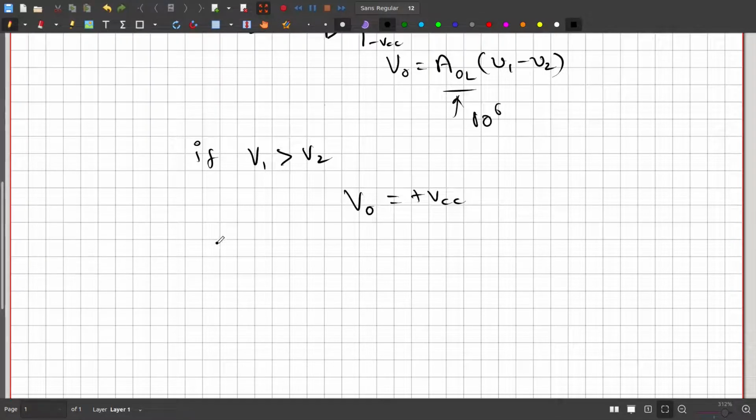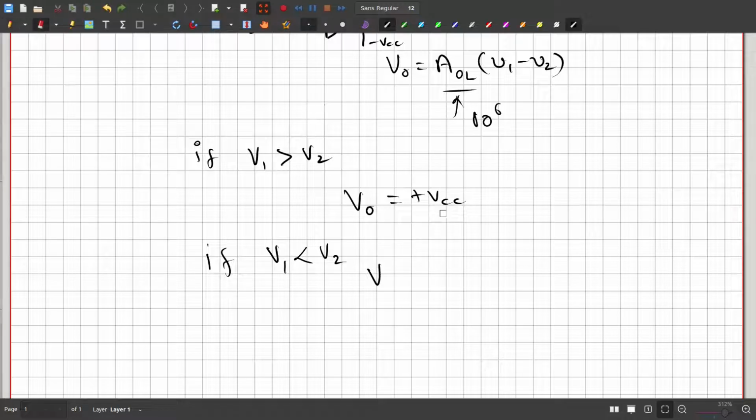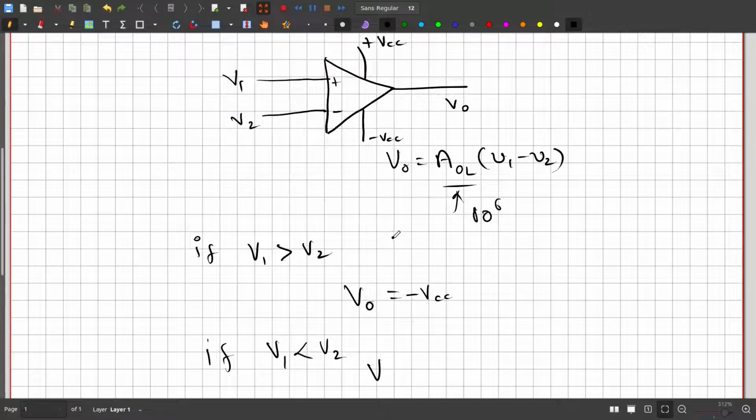So if V1 is less than V2, then in this case it saturates to minus VCC. Here I took V1 as the positive input.